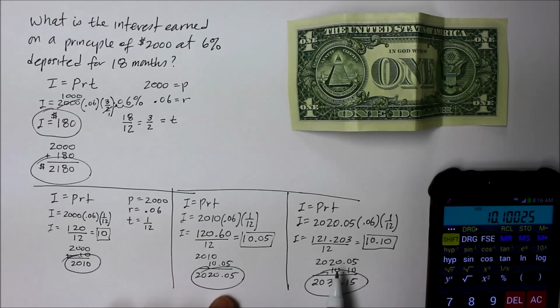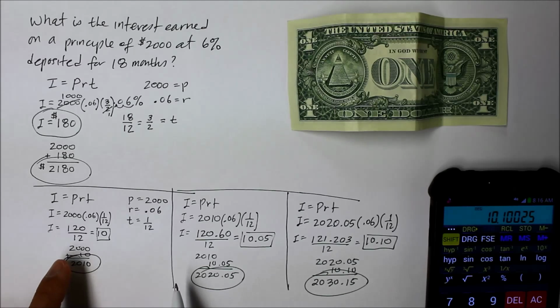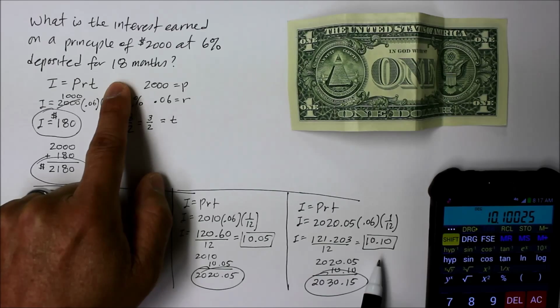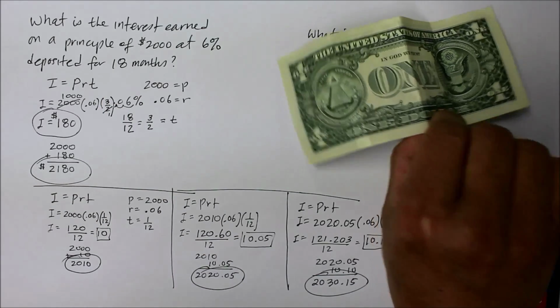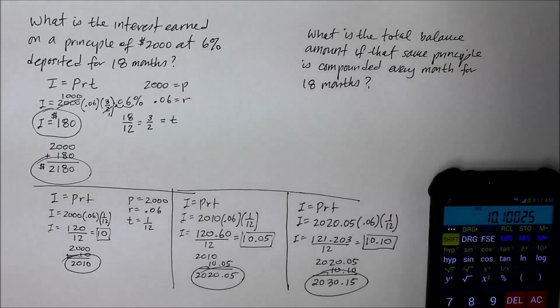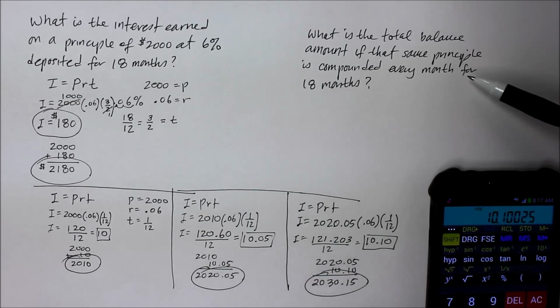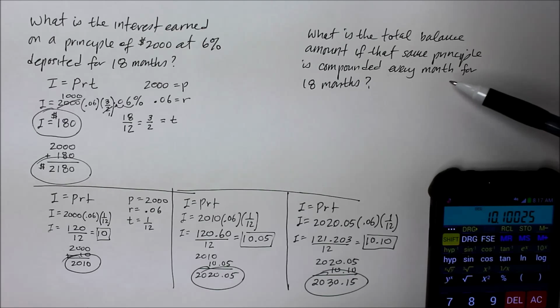Now, if somebody asked you, well, at that rate, how much will we get if the interest was computed each month for that 18 months? And that's what this question is right here. What is the total balance amount if that same principal, $2,000 in the beginning, is compounded every month?